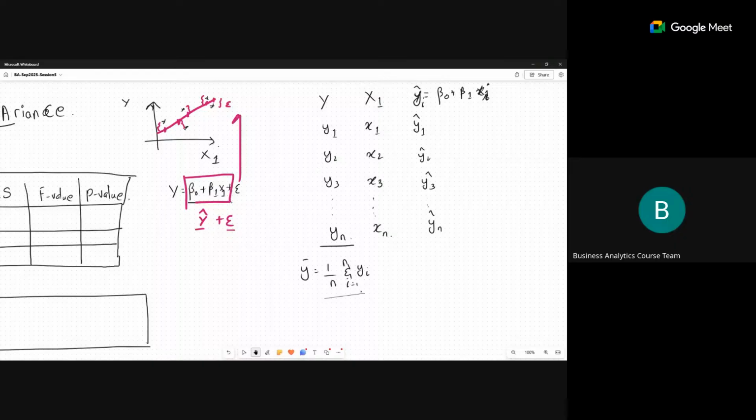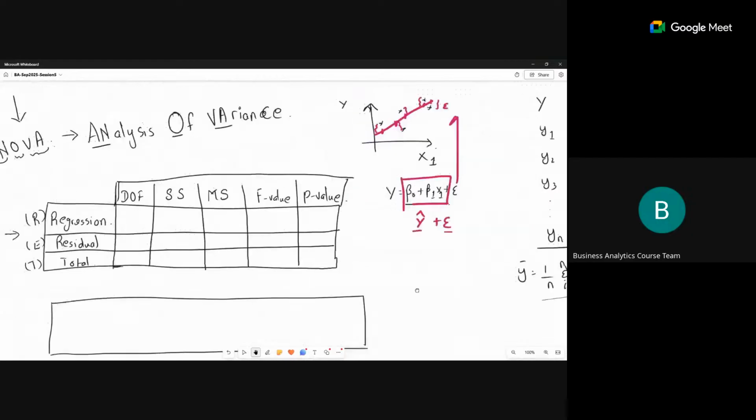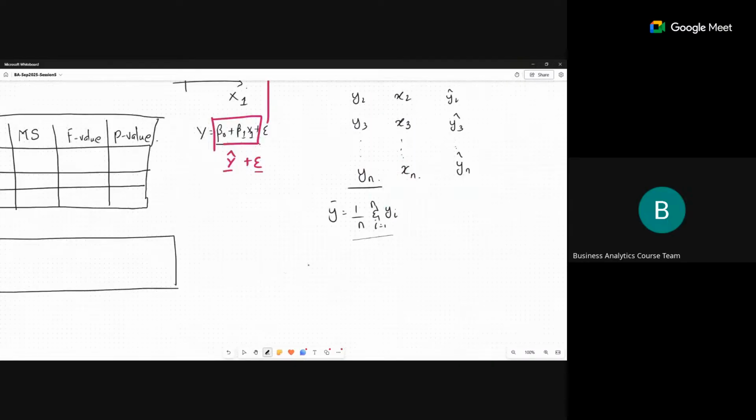What is spread? Spread is around this mean value. So the total variability in my data set, which is SST, that total variability, SST, is going to be the summation of yi minus y bar the whole squared, right?